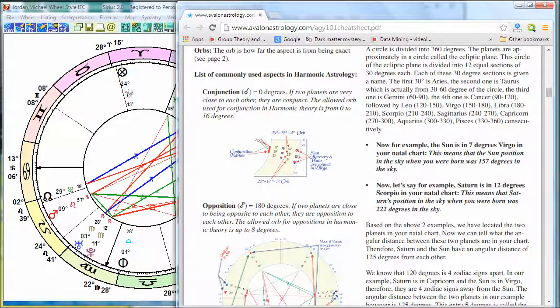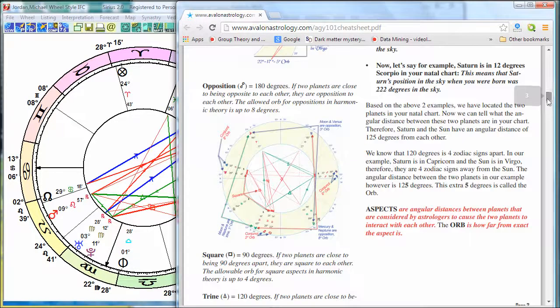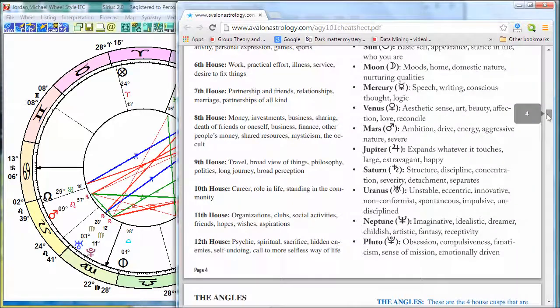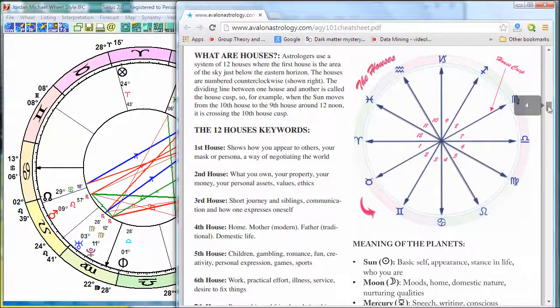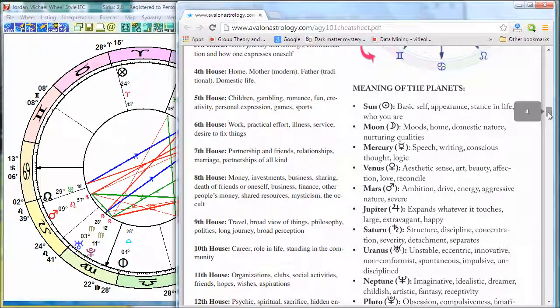In Vedic astrology, they have the houses, same basic idea. They have signs, but they use a sidereal zodiac. Vedic astrology is the astrology in India. And their aspects are different. So I'm showing you mostly the common modern Western ideas that are used throughout Europe, North America, South America, and some astrologers in India as well use these ideas.